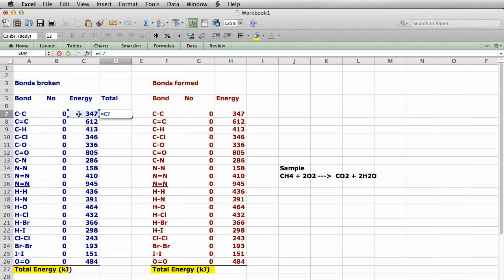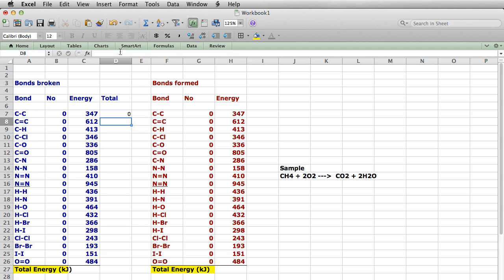Then multiplied, which is simply an asterisk, times the number of those bonds. So I'm going to click on this cell here. And so my formula, which shows up in D7 as well as up here in the formula bar, shows that I'm taking the energy per bond and multiplying it times the number of bonds in the system.